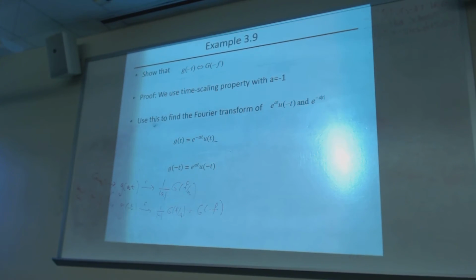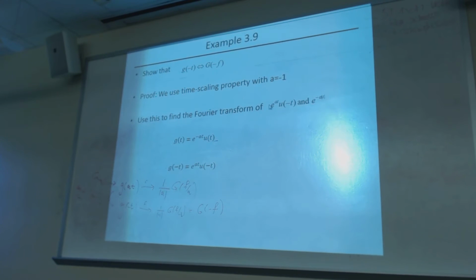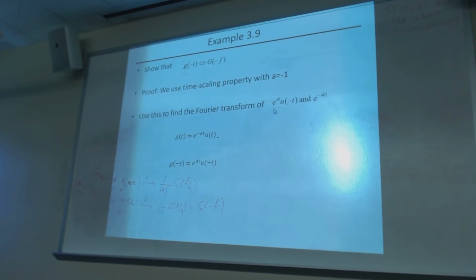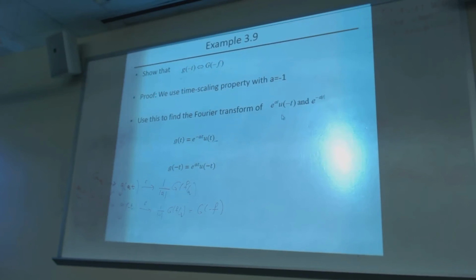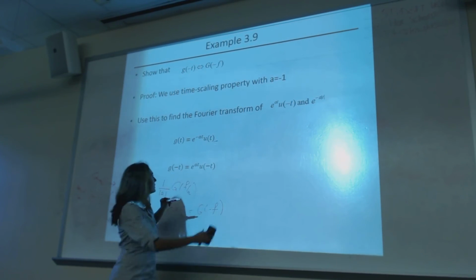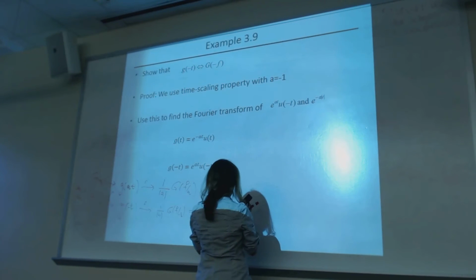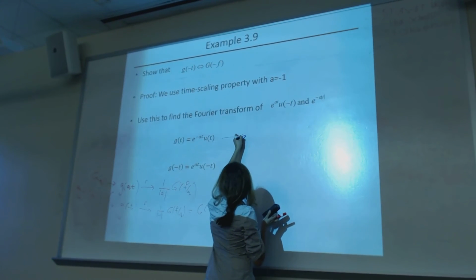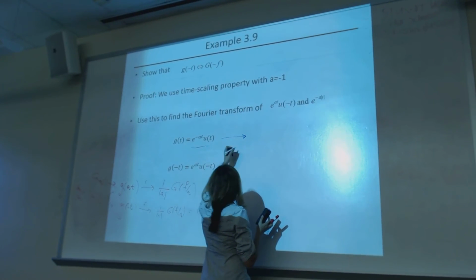Now it says use this formula to find the Fourier transform for this signal, e to the power of minus at times u of minus t. I already know this formula: if I have g of t equals e to the power of minus at times u of t, my G of f is, anybody remembers? This is again a classical signal that everyone uses.